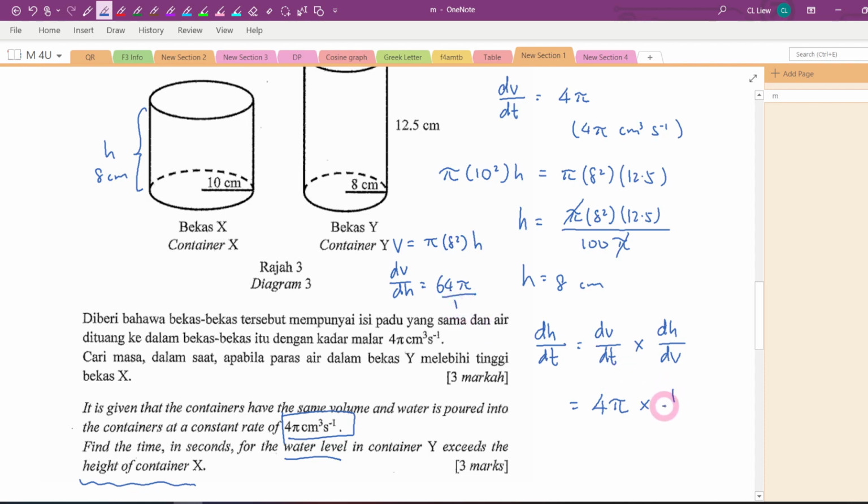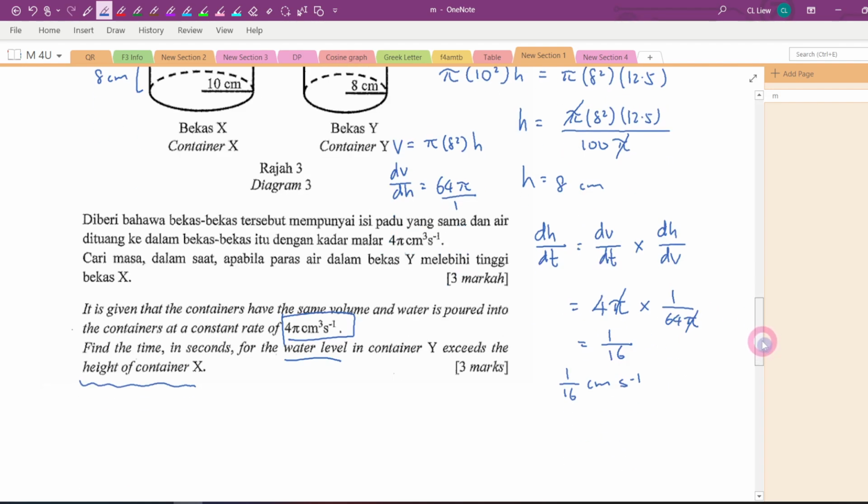So it becomes 1 over 64 pi. Okay, just simplify the pi and you will get, okay, this is 1 over 16. So this tells us that every single second, the height will increase 1 over 16 centimeters.